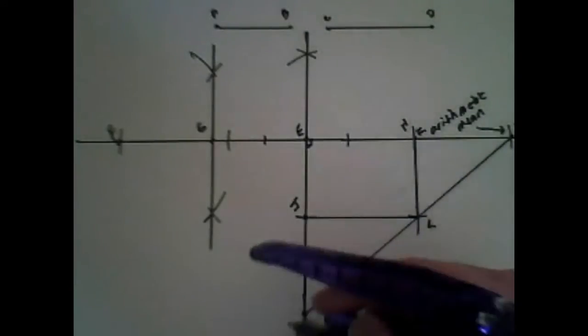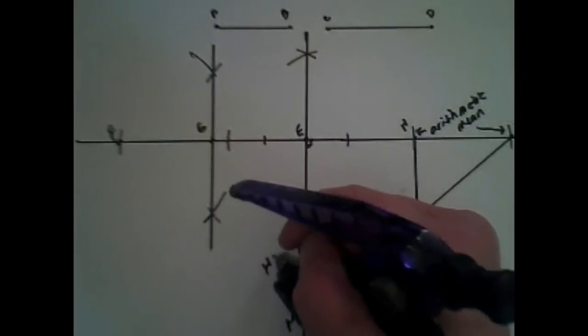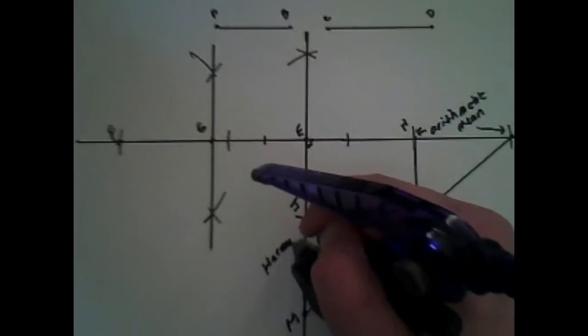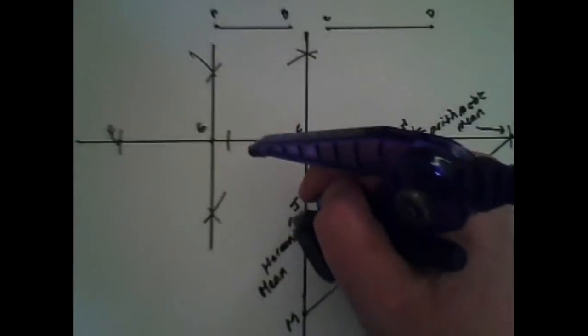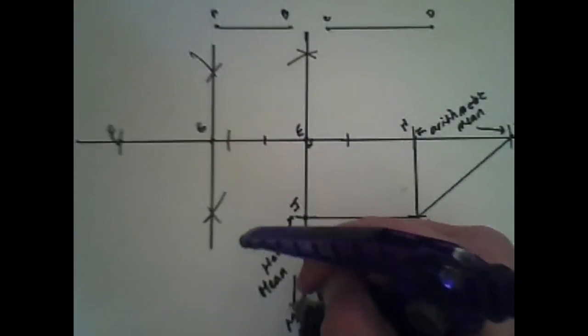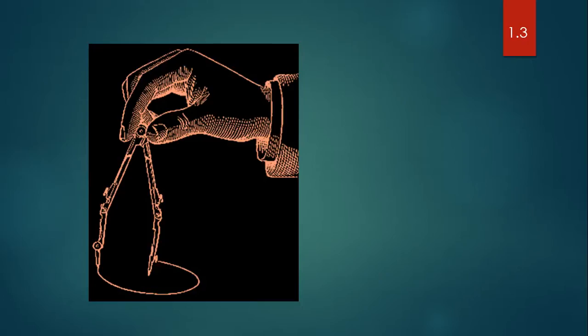Let's call this one M. We haven't used that letter yet. So the harmonic mean is from point J to point M.